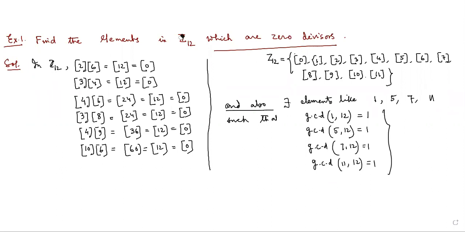Here you see that these elements 2, 3, 4, 6 are actually giving you the class 0, and therefore they will be the zero divisors. 2 is a zero divisor of 6, 6 is a zero divisor of 2, 3 is a zero divisor of 4, 4 is a zero divisor of 3, and so on. So all these elements, class 2, class 3, class 4, class 6, class 8, class 9, class 10, are actually zero divisors of Z12.